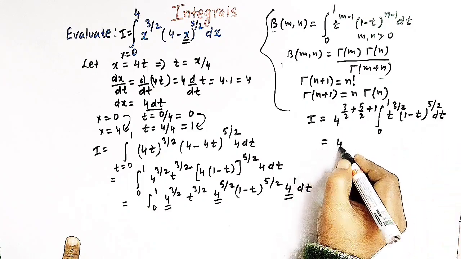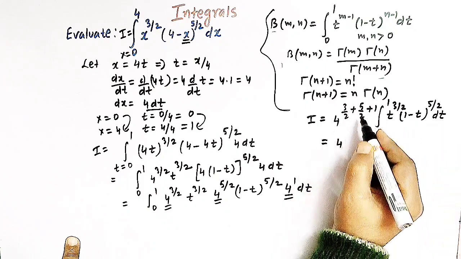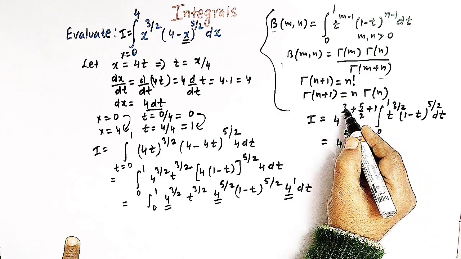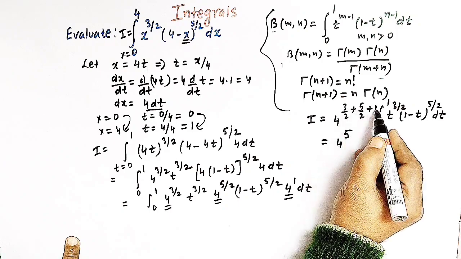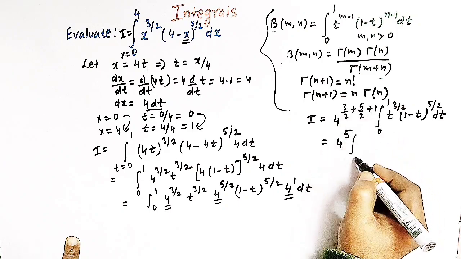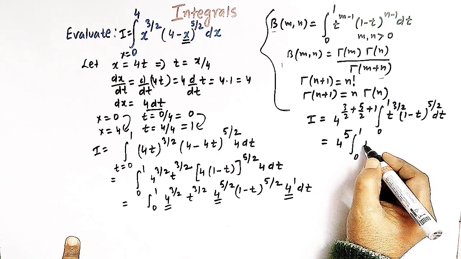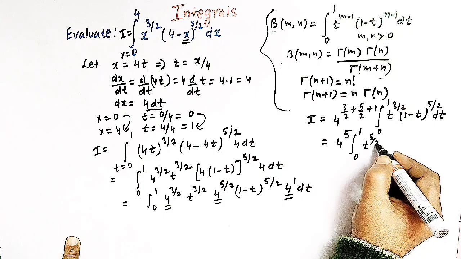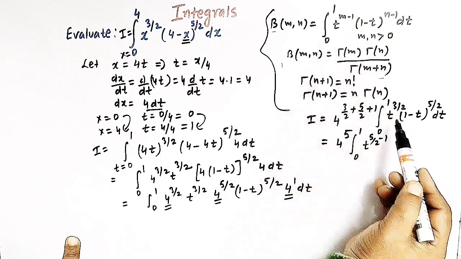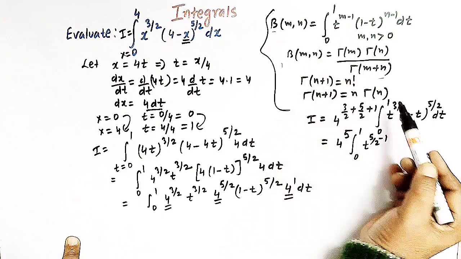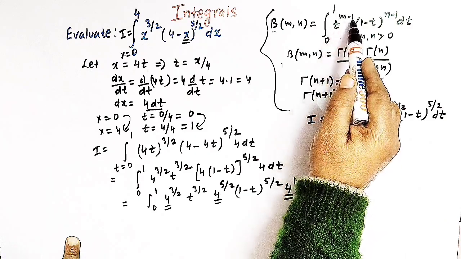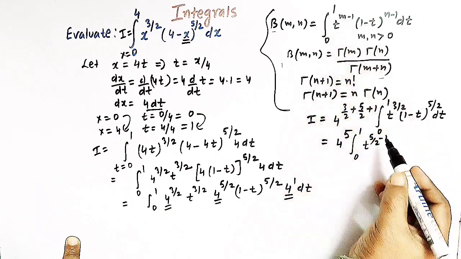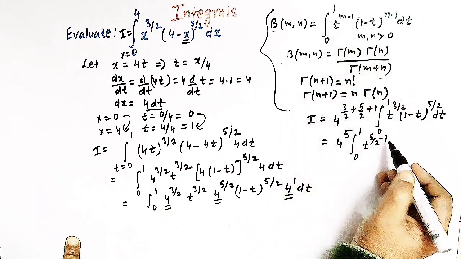So now this expression is equal to 4 raised to 5, because 5 plus 3 is 8, 8 over 2 is 4, and 4 plus 1 is 5. We can now write the integral from 0 to 1 of t raised to 3 by 2. We have to write this exponent in the form m minus 1, so 3 by 2 is 5 by 2 minus 1.